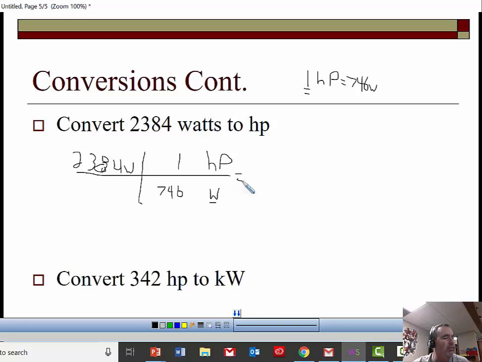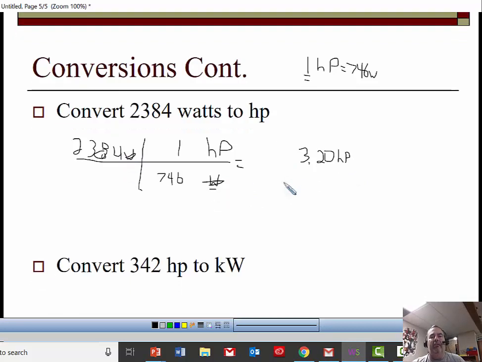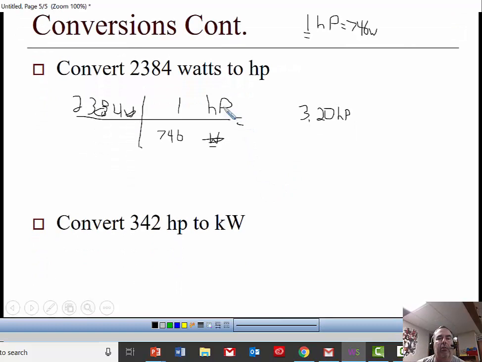When I take 2,384 and divide it by 746, top over bottom, we divide, and you end up with the answer being 3.20 horsepower. The reason it's horsepower is because watts on the bottom and watts on the top cancel out, leaving us only the unit of horsepower.